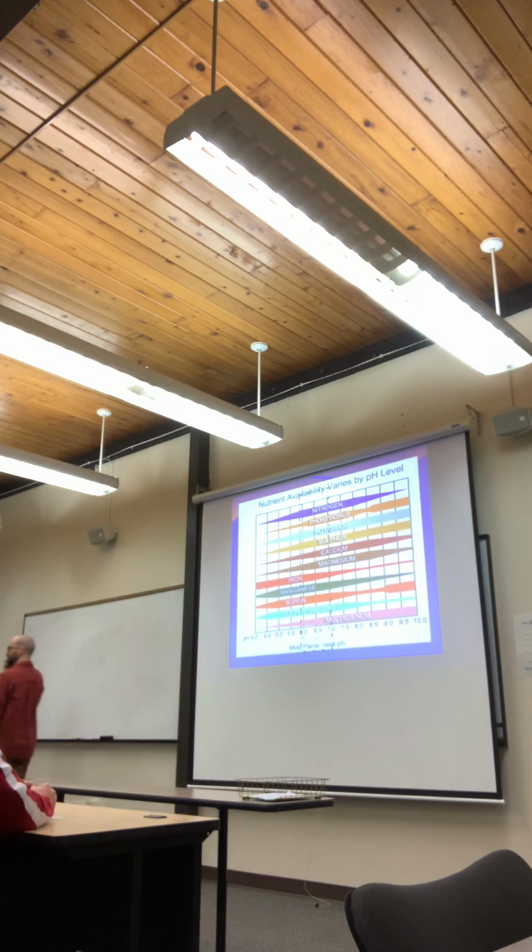They always leave aluminum off of this chart, what is the deal? It's on there. And that leads to toxicity once you get down into the acidic pH range, aluminum toxicity. Aluminum toxicity is a real thing, but aluminum is not an essential nutrient, so that's why they excluded it from this.